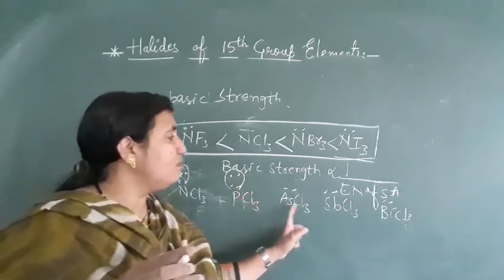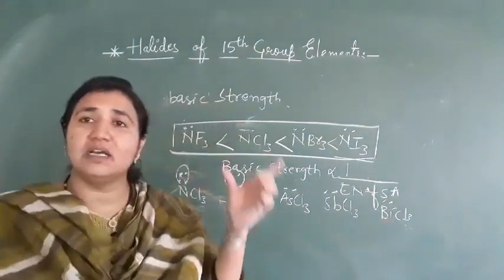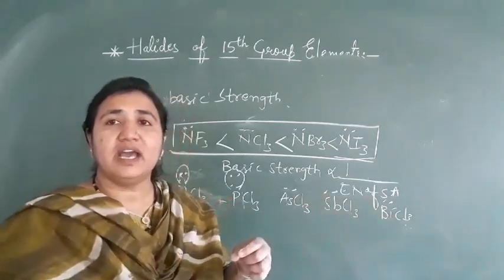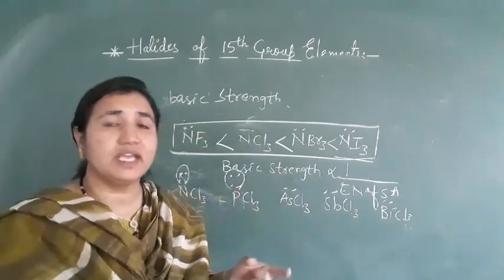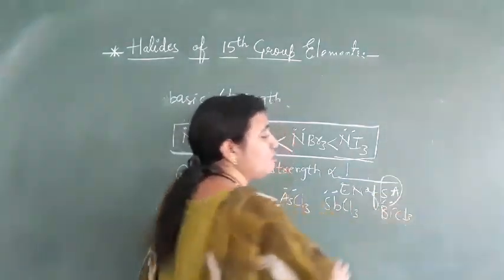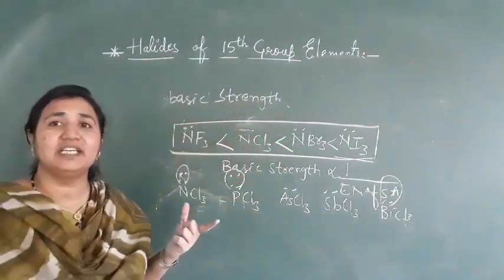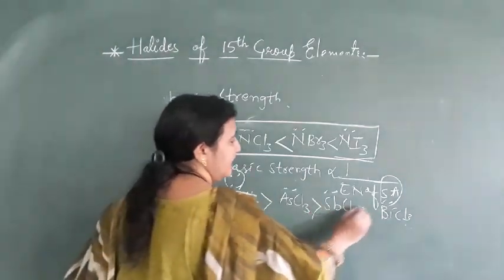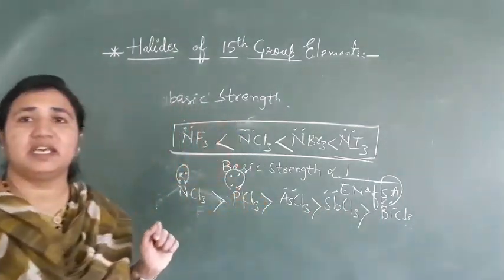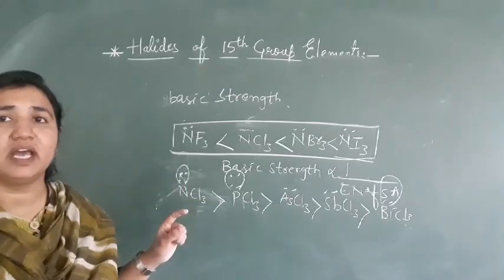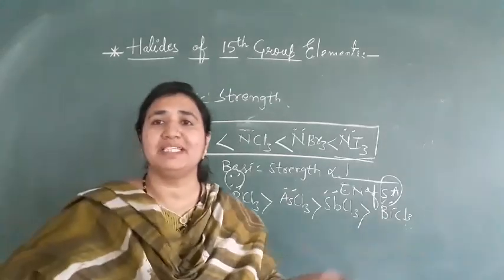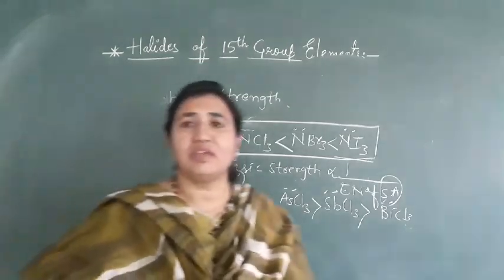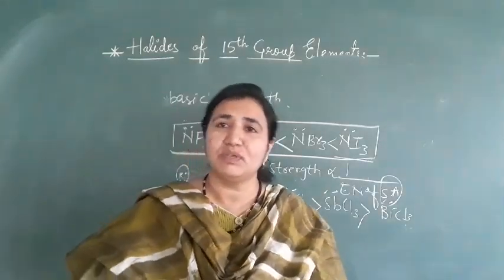So as we move down the group, the size of the central atom increases and its orbitals are more diffuse. So these electrons are also more diffuse, and they cannot donate easily. The order will be NCl3, PCl3, AsCl3, SbCl3, and the reverse will be their order. So as we go down the group, the basic strength of these halides decreases. So this is all about the halides. Thank you so much for watching.